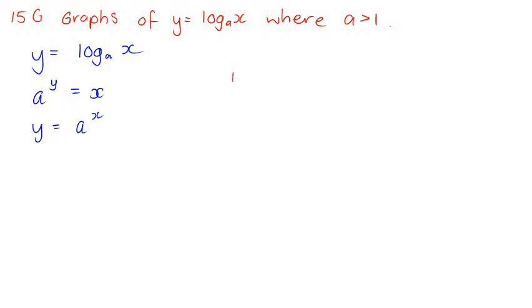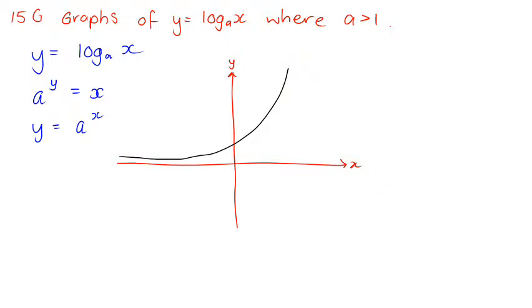So when you graph that, say for example, this is our exponential function, y equals a to the x. Because in the log graph the x and the y have been swapped, it's going to swap all of the x and y values.